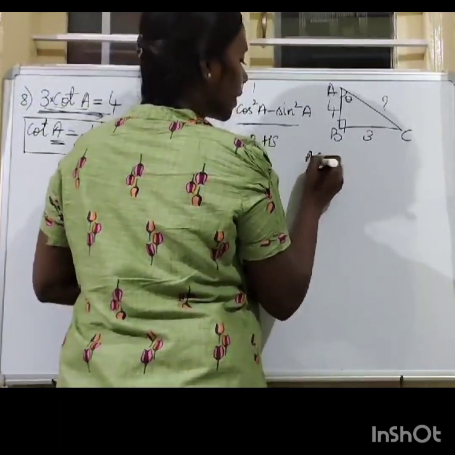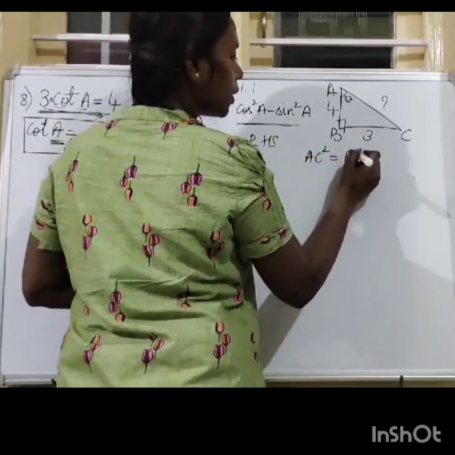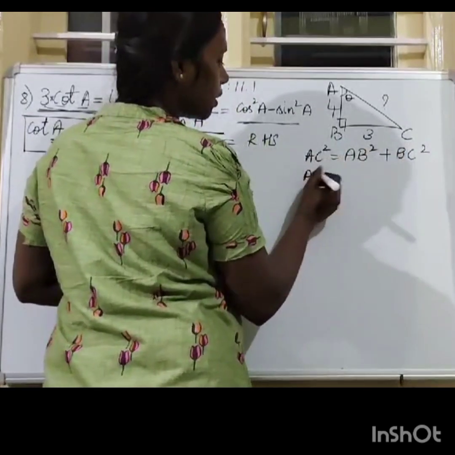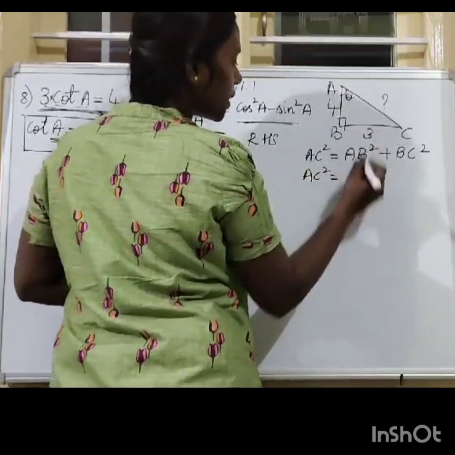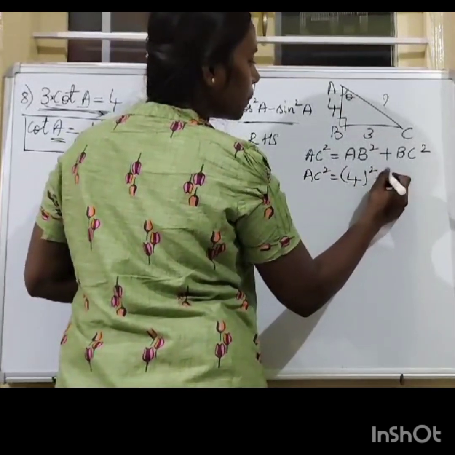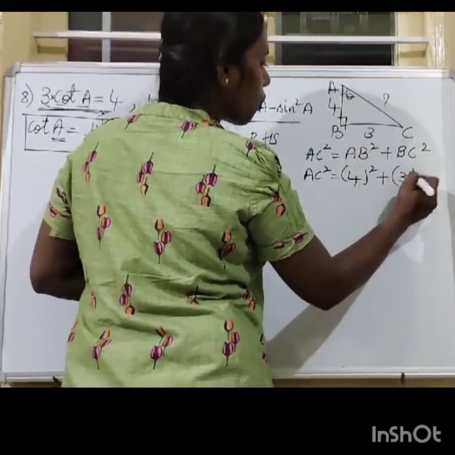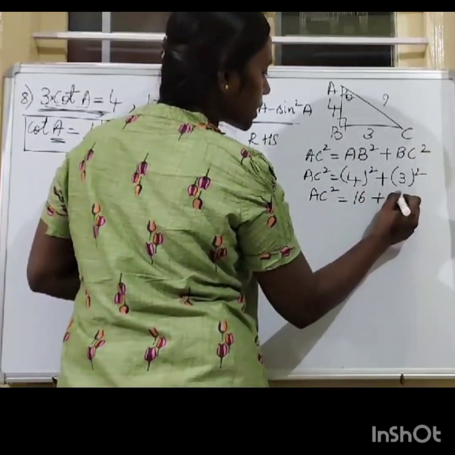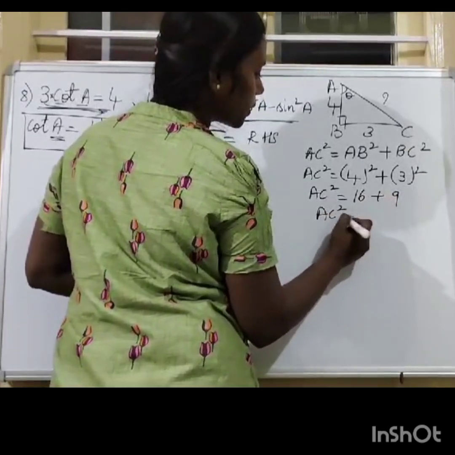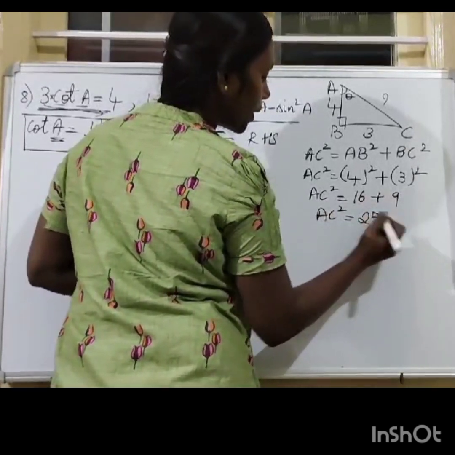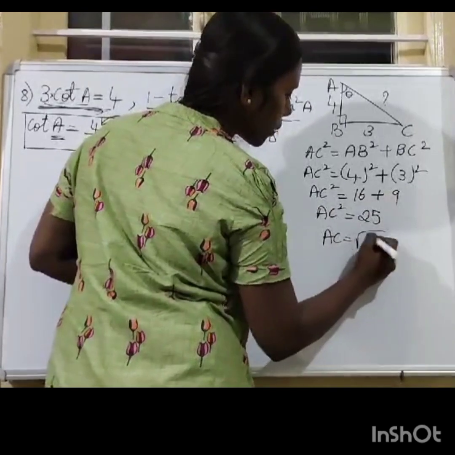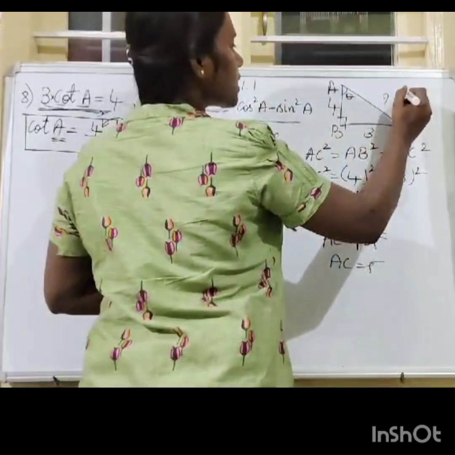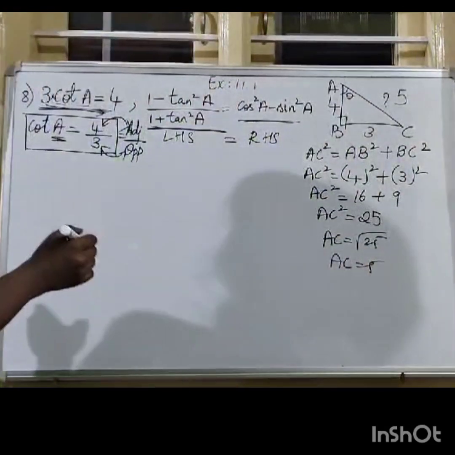So use again Pythagoras formula. AC square is equal to AB square plus BC square. AC square is equal to AB square 4 the whole square plus BC square 3 the whole square. AC square is equal to 16 plus 9. 16 plus 9 is 25. AC is equal to square root of 25. So AC is equal to 5. So our AC value is 5 centimeter.